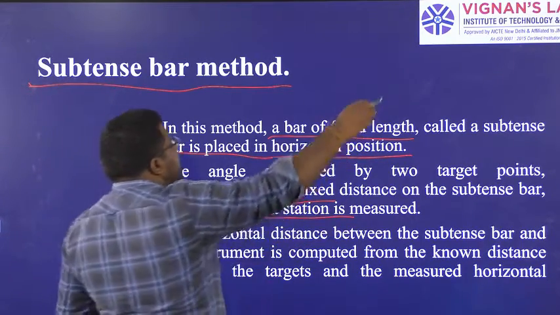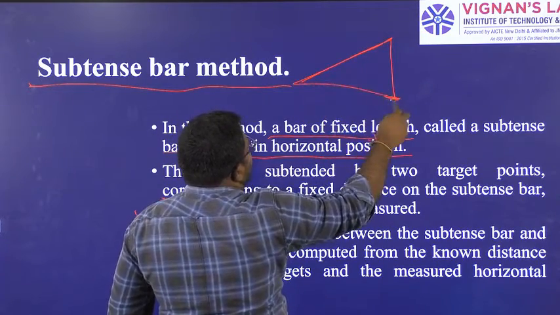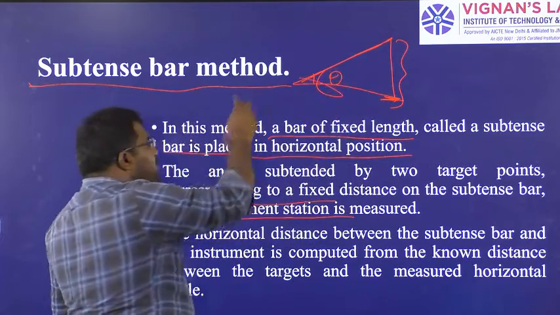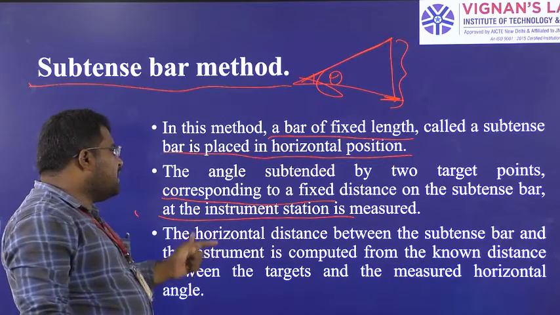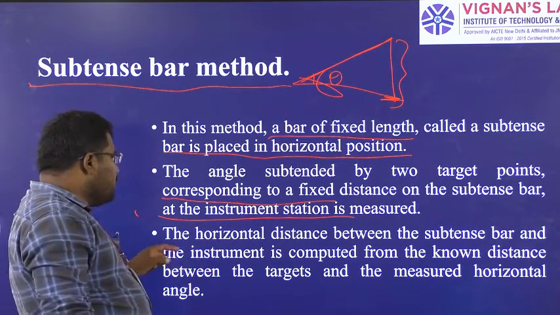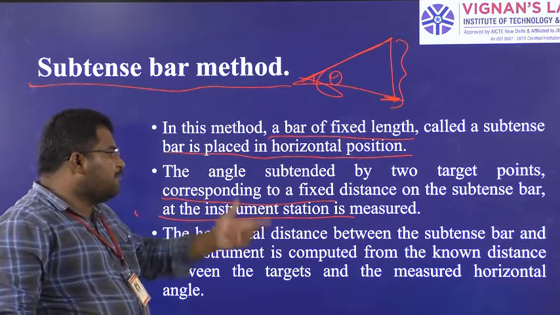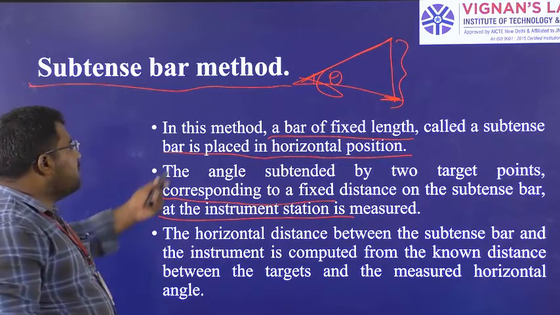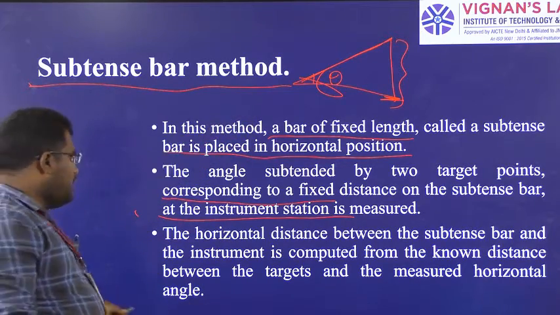Whatever angle it makes, top and bottom, the bar length is fixed. So by knowing this theta value, we know the horizontal distance. The horizontal distance between the subtense bar and the instrument is computed from the known distance between the targets and the measured horizontal angle.